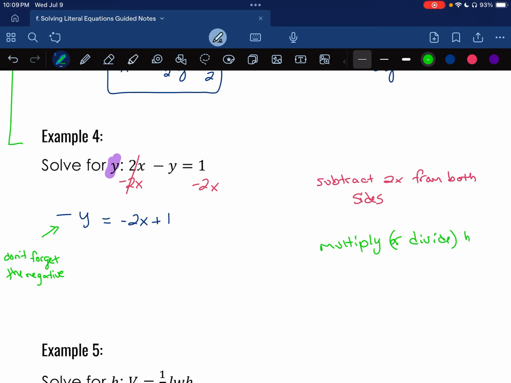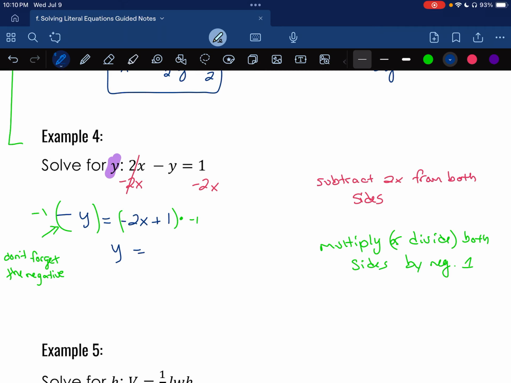So I'm going to multiply by negative 1. Alright, so this will become positive y. Then I'm going to remember I need to distribute that to both terms. So if it's going to become positive 2x here, it also becomes negative 1 here.